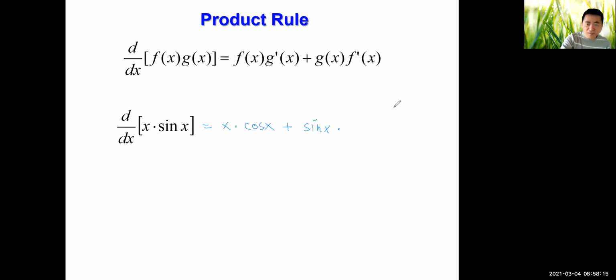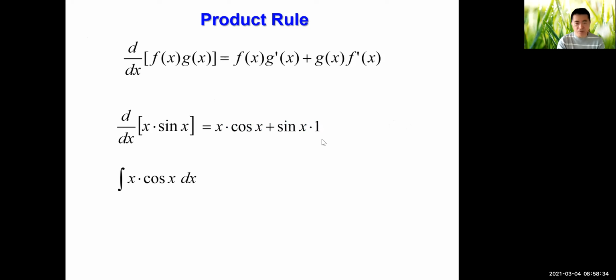The derivative of x in this case is 1. So using the product rule, we have x cosine x plus sine of x times 1. So that is the answer.